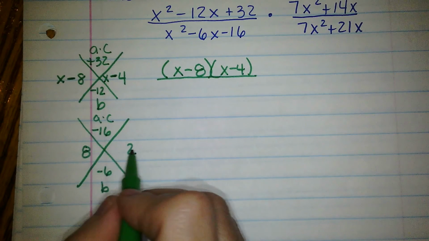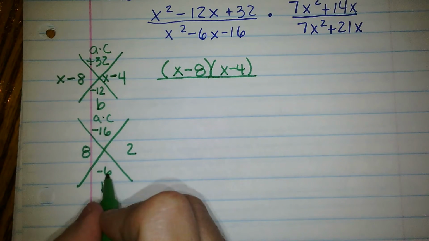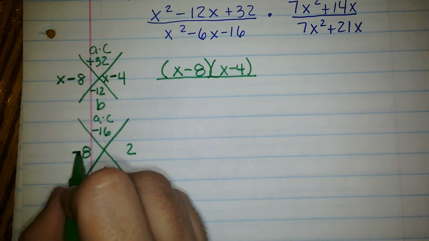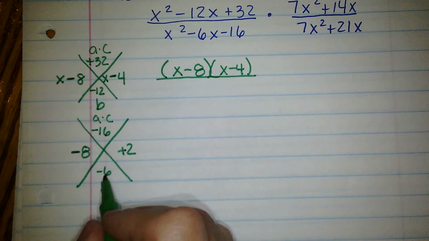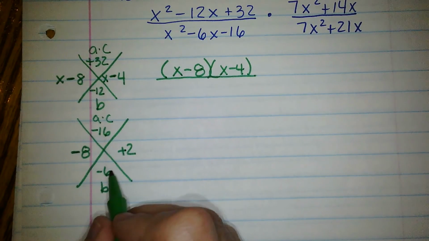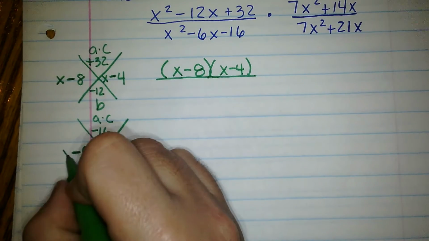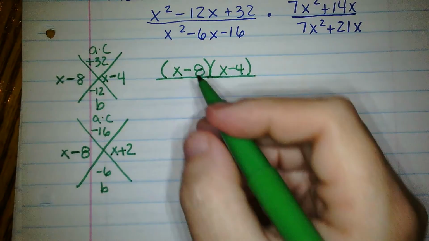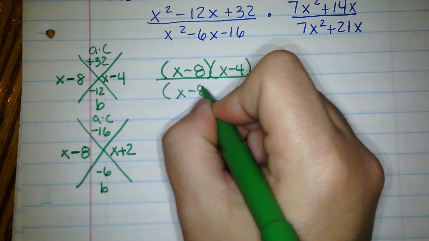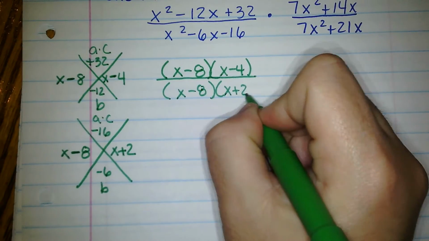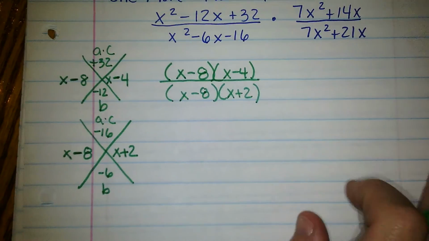And the way that we can add those up to get a negative 6 would be that we would want the 8 to be negative and the 2 to be positive, because that's how we would end up with a negative 6 when we're adding them. And don't forget our x is here. So our factors on the bottom would be x minus 8 and x plus 2. So you can kind of see already what's going on here.